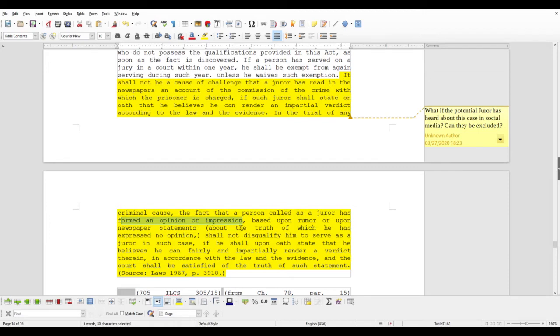But for the most part, I think this is fascinating because it's basically allowing a person who's already biased to come in and act as a jury so long as they can. Well, I guess it doesn't say biased, so I shouldn't go that far.